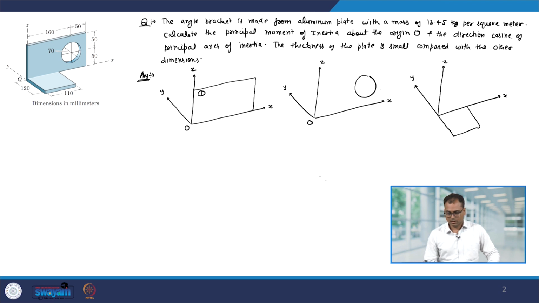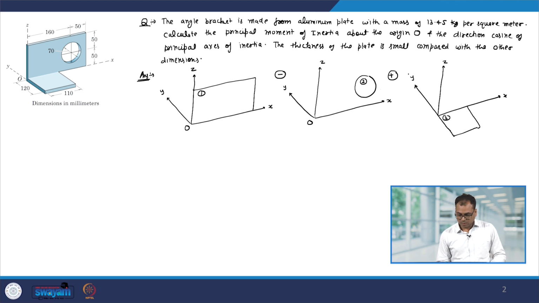So, this is part 1, part 2 and part 3. The entire assembly can be thought of as part 1 minus part 2 plus part 3.